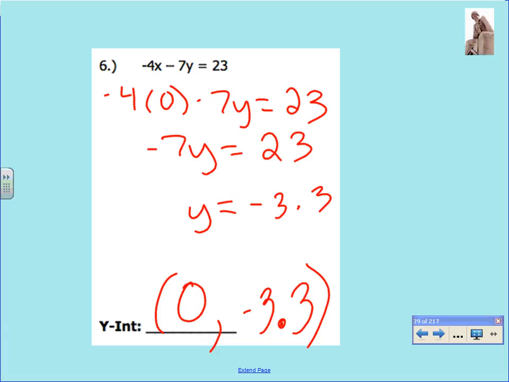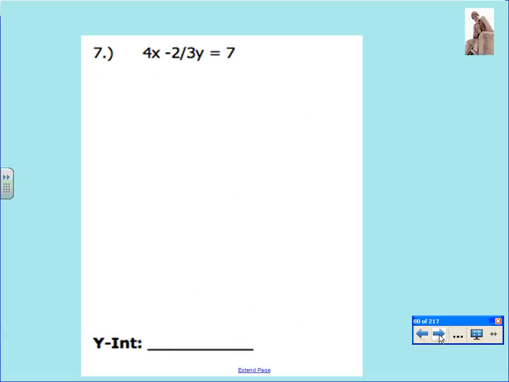Okay, number 7, let's take a look at that one. That one is technically in standard form, but what's wrong with it? B. Yeah, so Kevin, what can we do to get rid of the fraction? Good. We need to multiply everything by 3. We need to get rid of the fraction. So remember, I saw this mistake from a couple of you from the other day.